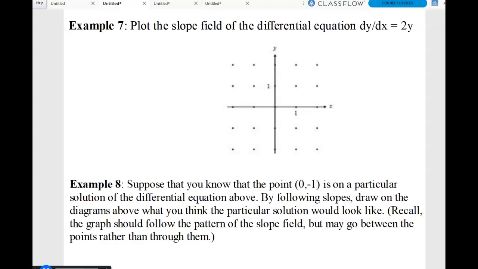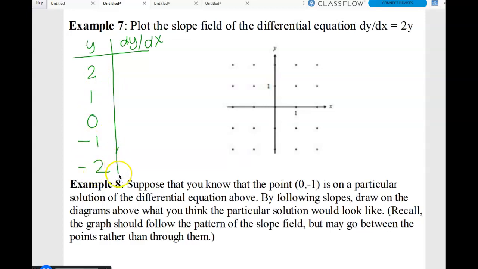Well, in this example, y is the only thing that's going to affect dy/dx. So in terms of a table, if I look at my y values, I'm going from 2 to 1, 0, negative 1, negative 2.